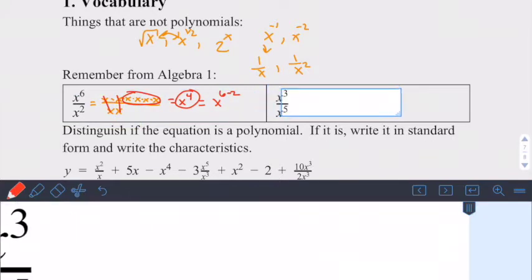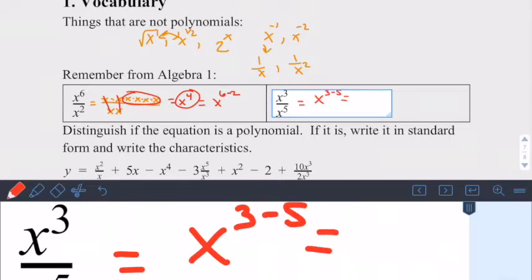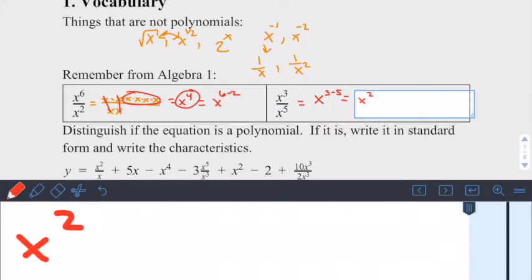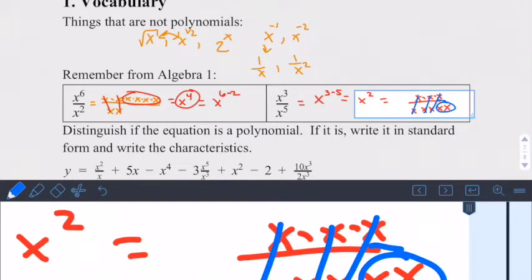If we did the same rule over here, we would say that this is x to the 3 minus 5, which is x to the negative 2. If you want to see me multiply it out, I'll do that real fast. x times x times x, that's x cubed, all over x to the 5th. If we cancel, cancel, cancel, then we see we have x squared in the denominator.